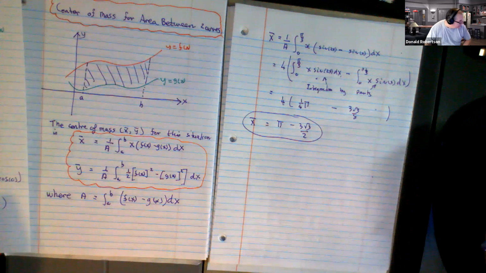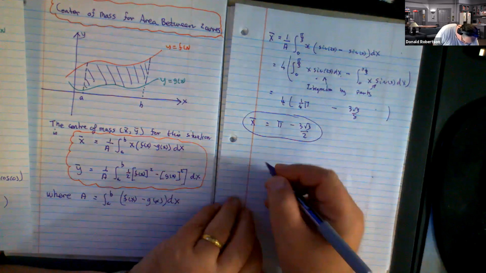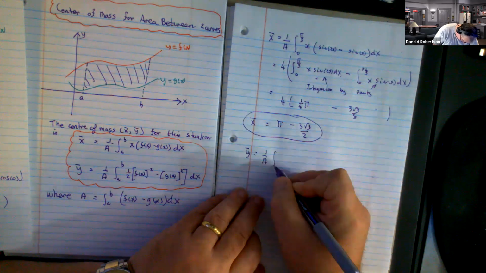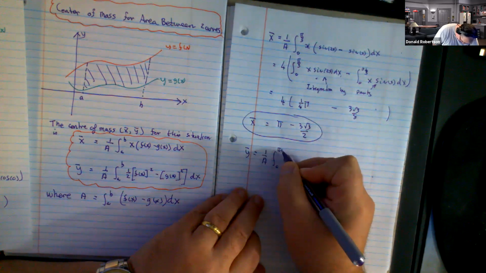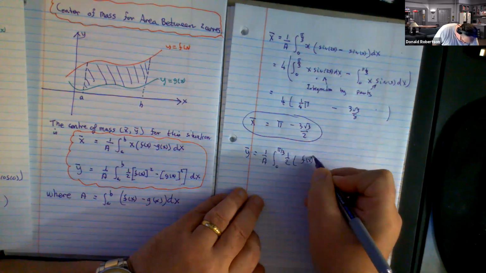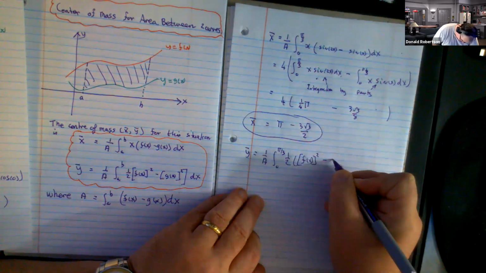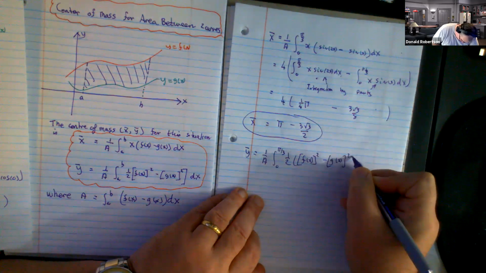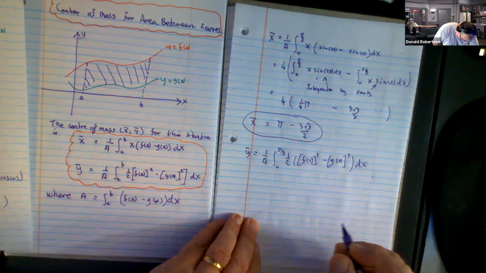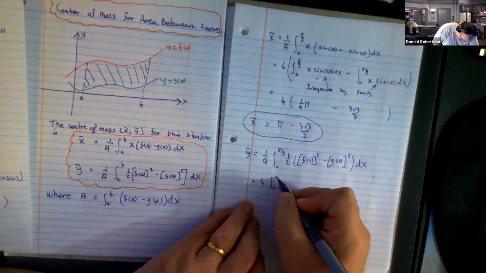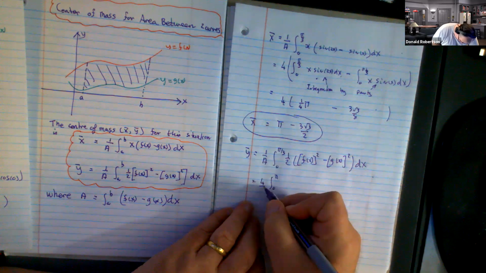So we have to do the second one, which is going to be y bar. That's 1/A, integral from 0 to pi upon 3, 1/2 f of x squared, take away g of x squared dx. And that's going to be 4. Actually, I could bring that 2 out as well while we're at it.